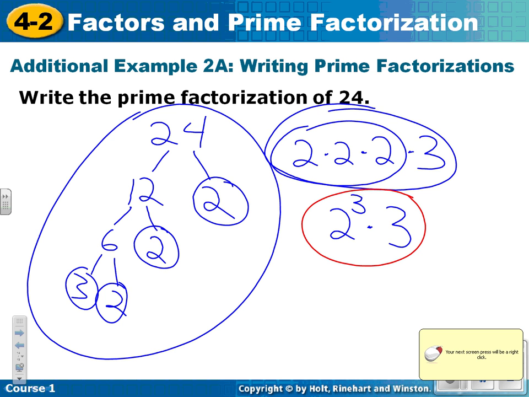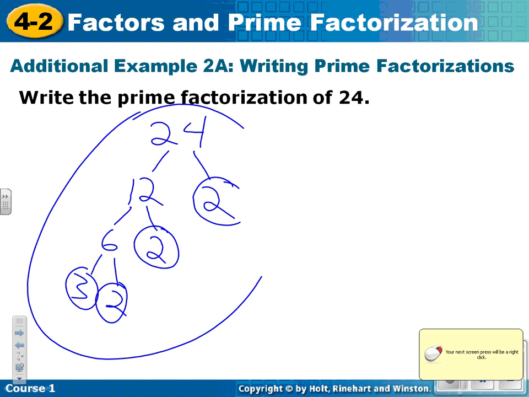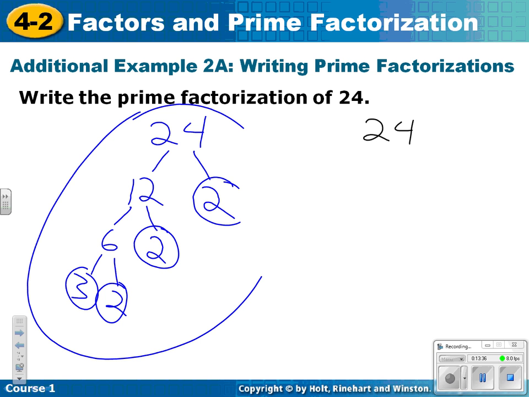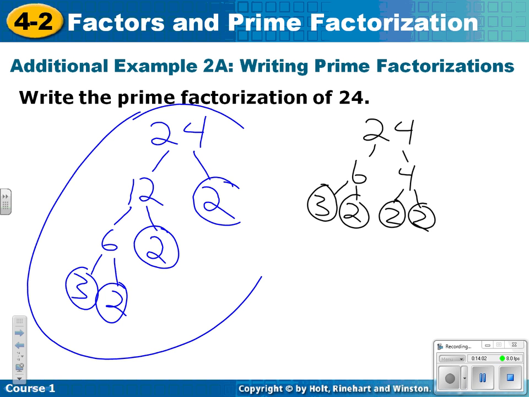I also want to show you one other thing. Instead of doing 12 and 2, do you know that I could have done this? I could have had 24, and instead of going 12 and 2, I could have done what? What's some other things that we could have multiplied together? 6 and 4. Are either one of those numbers prime? No, neither one of them are. So we got to break them down again. 2 and 2, all right? So those are good. And 6 is 3 and 2. Is the prime factorization still the same?